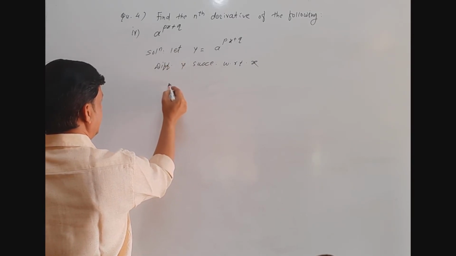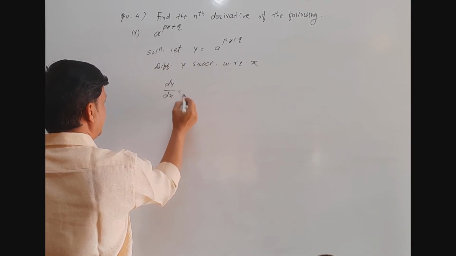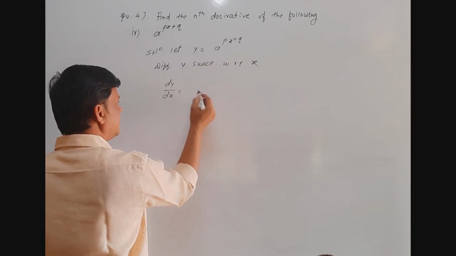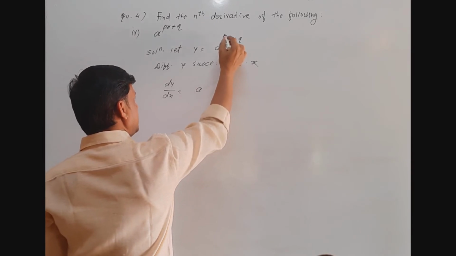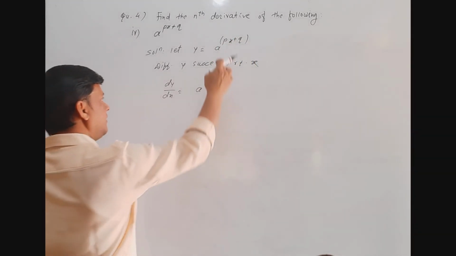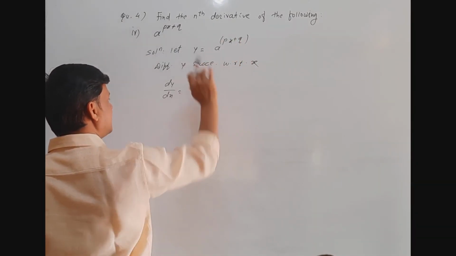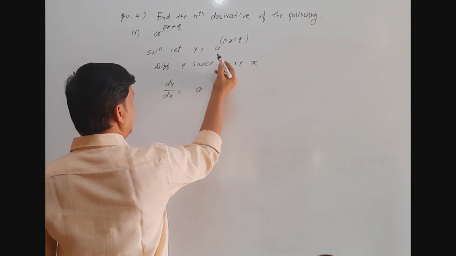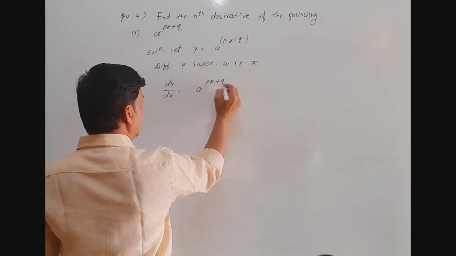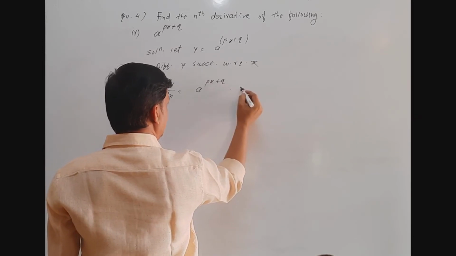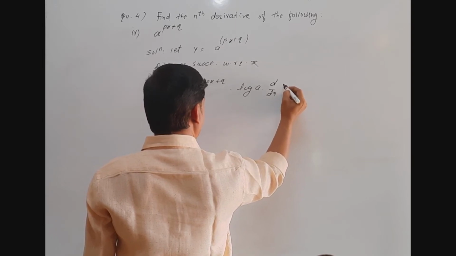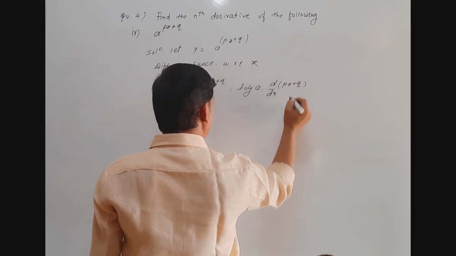So write here derivative of y with respect to x as dy by dx. So derivative of a raised to the power x is a raised to the power x log a. So instead of x, here value is px plus q. So this is composite function. So first treat as standard function. So write derivative of a raised to the power px plus q as a raised to the power px plus q into log a into derivative of px plus q.